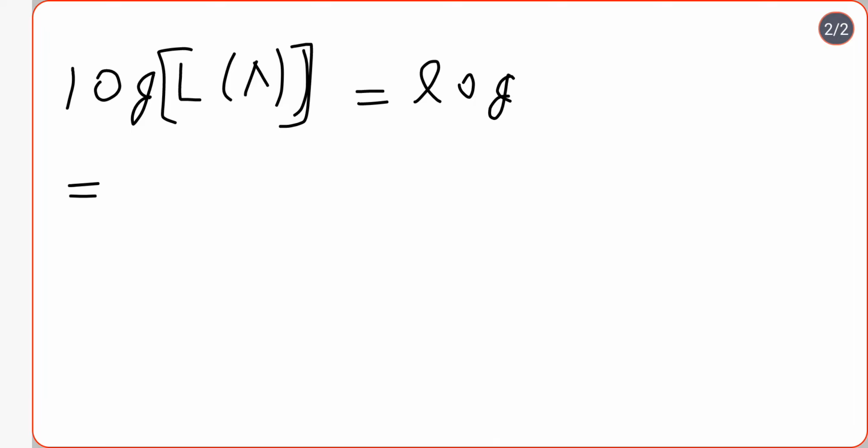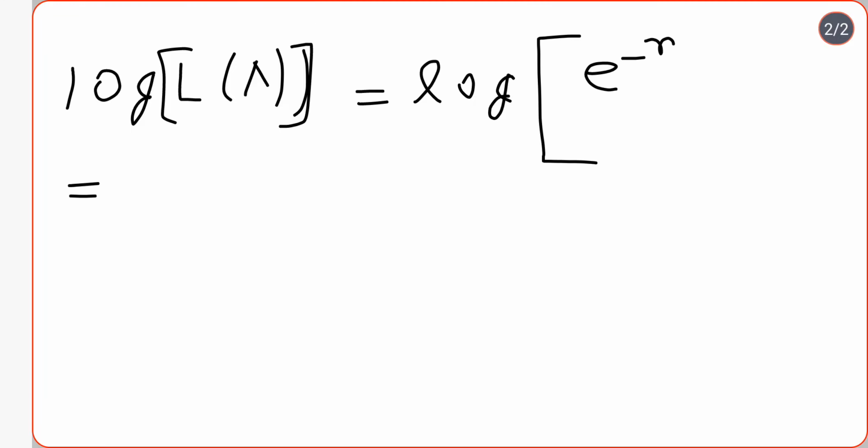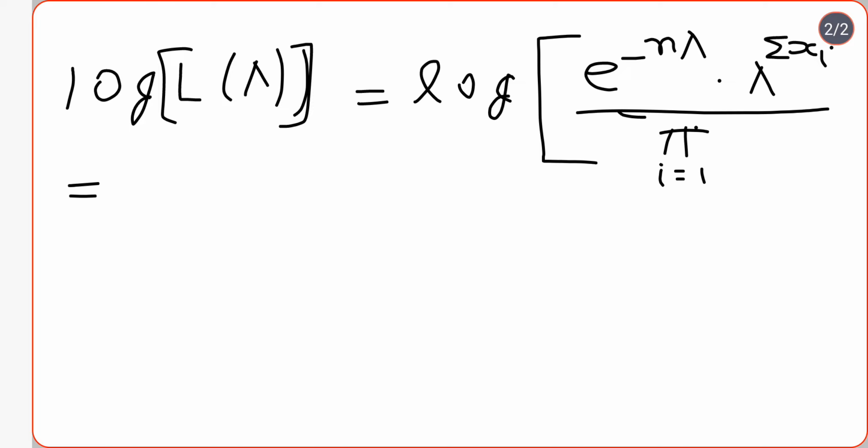It is nothing but log of e to the power minus n lambda into lambda to the power summation xi, divided by pi ranging from i to n, sorry, xi factorial.